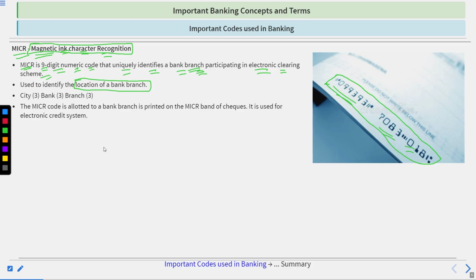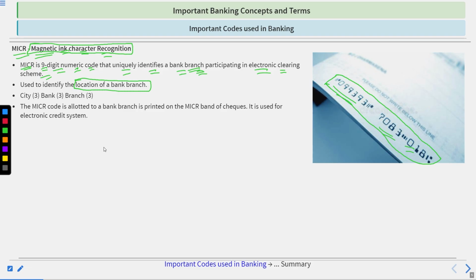Again, suppose there are two friends. One has an account in XYZ bank. Another has an account in ABC. Both are national banks, both with branches all over the country. How do we identify which branch we are specifically talking about? Suppose the person holding the account in XYZ bank draws a check to another person who has an account in ABC bank.